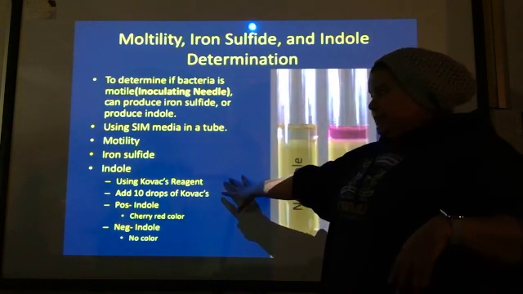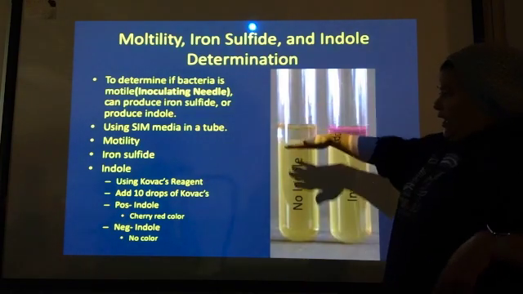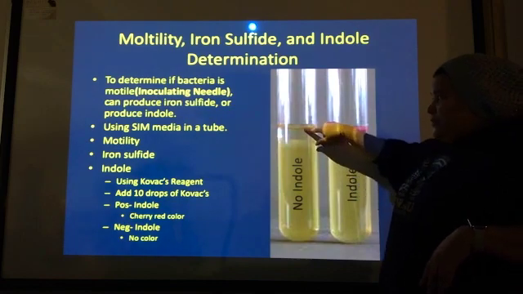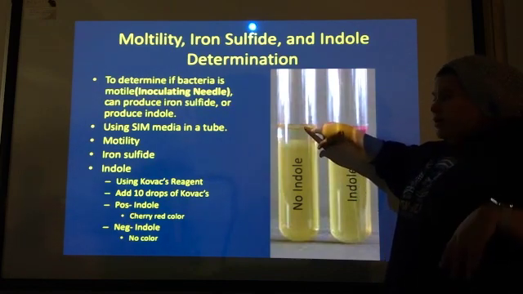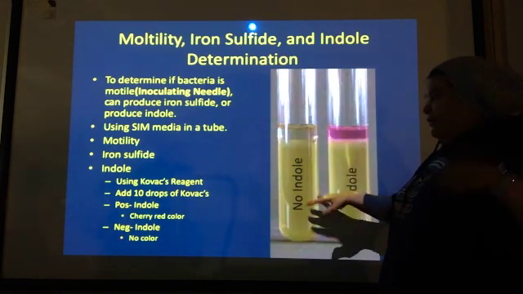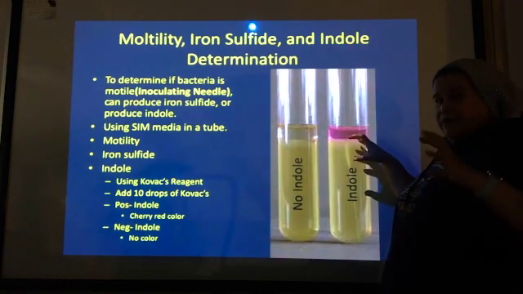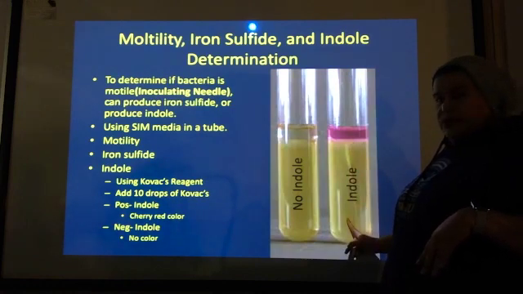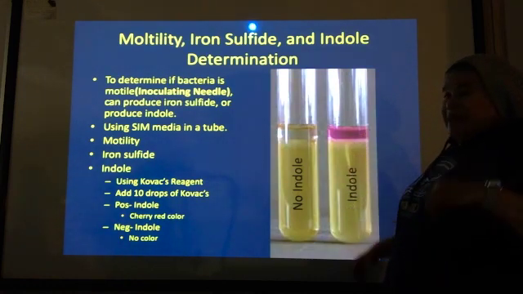You're going to collect some of the Kovacs and you're going to put 10 drops on top of your sample. If you see no change, if it still stays kind of clear yellow, then no indole was produced. However, if you see a cherry red color on top of your SIM media, that means that the bacteria you used to stab this SIM tube actually makes indole.